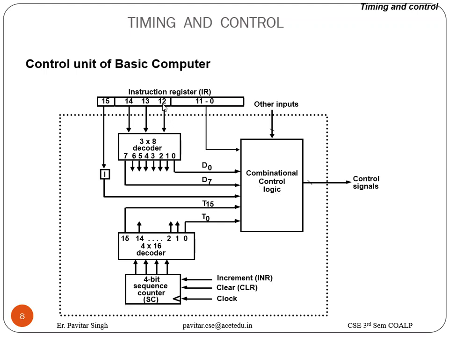Then the operation code, depicted by bits 12, 13, and 14, will be given as input to the 3 into 8 decoder: 3 inputs, and 8 outputs taken out from this decoder.